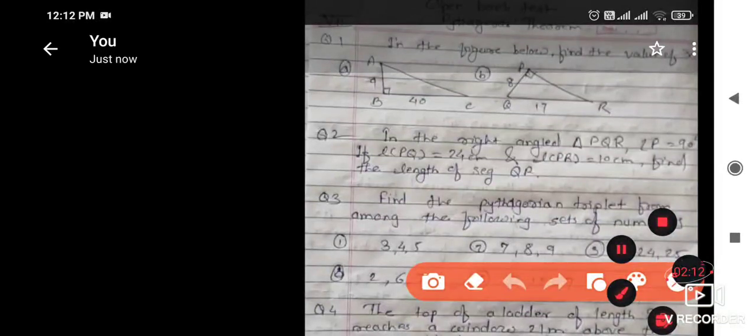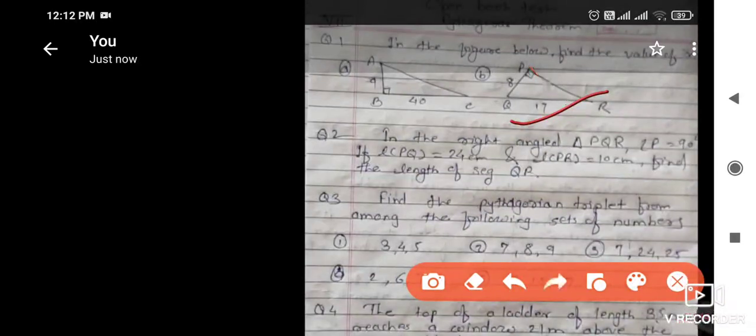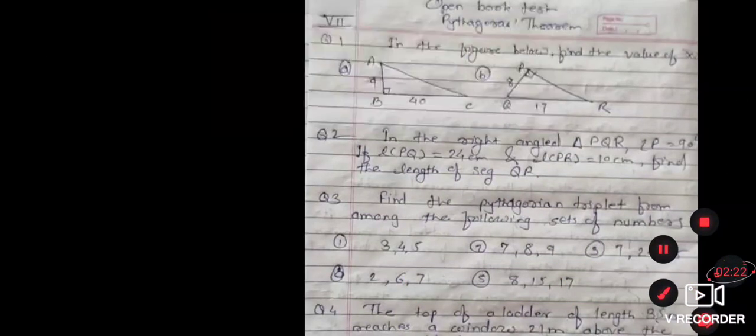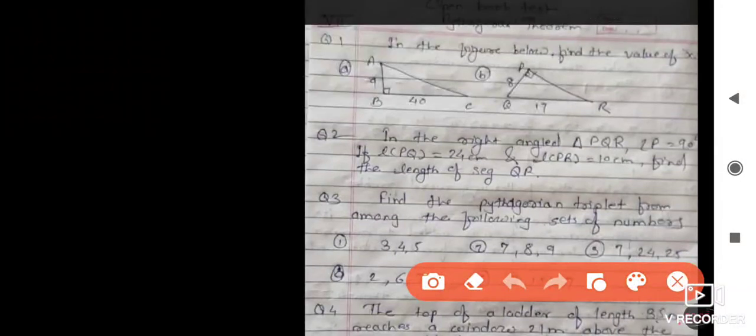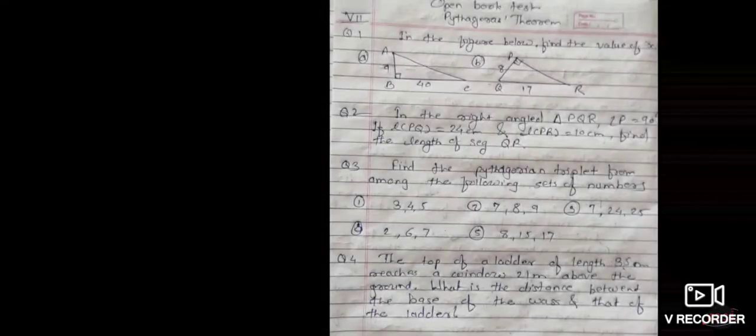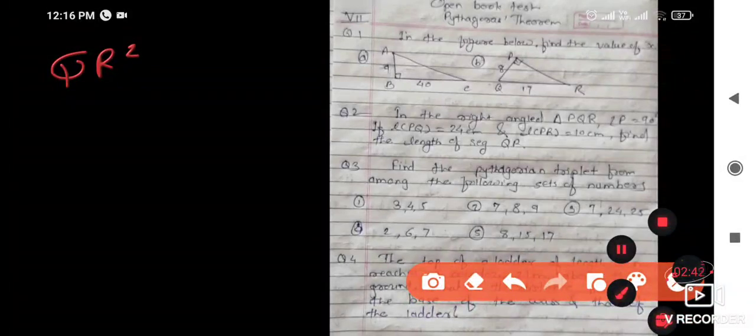Similarly, we have to use the Pythagoras theorem in triangle PQR and find the value of PR. In triangle PQR, QR is the hypotenuse.